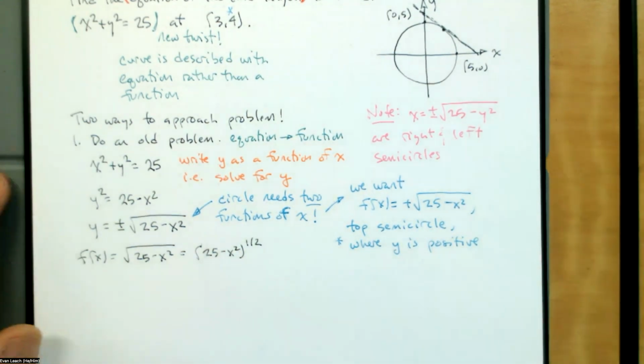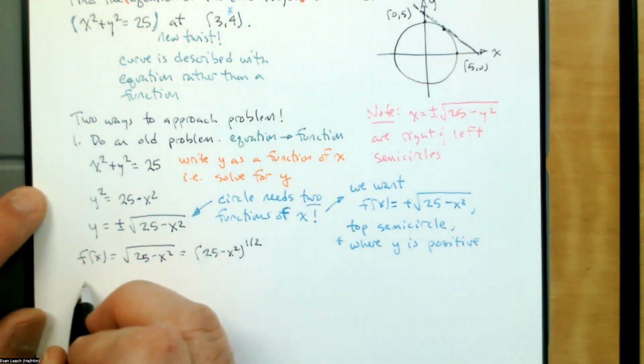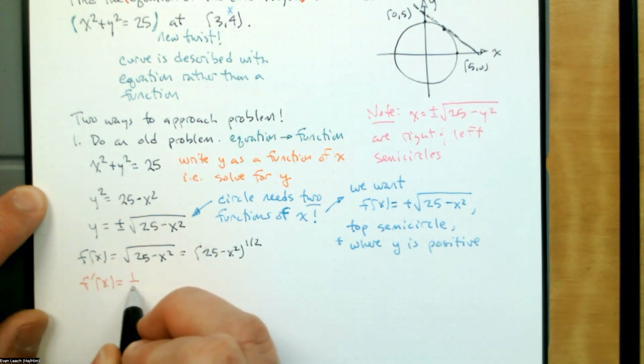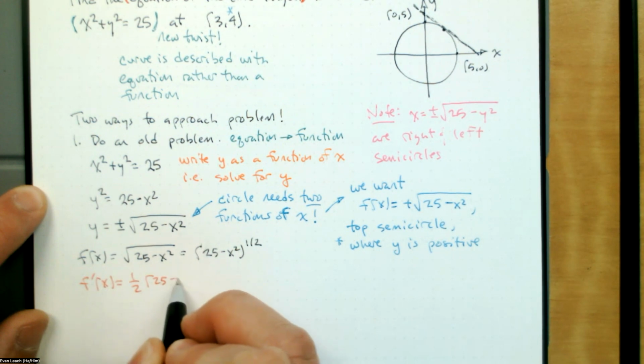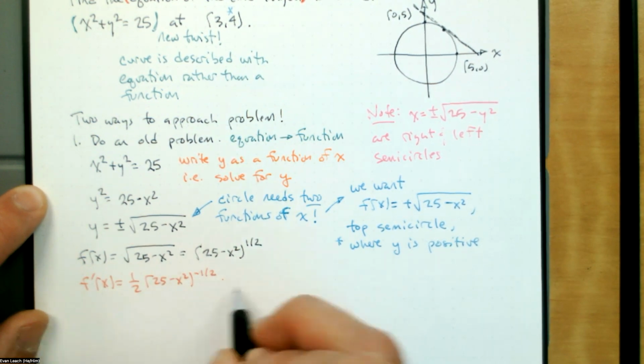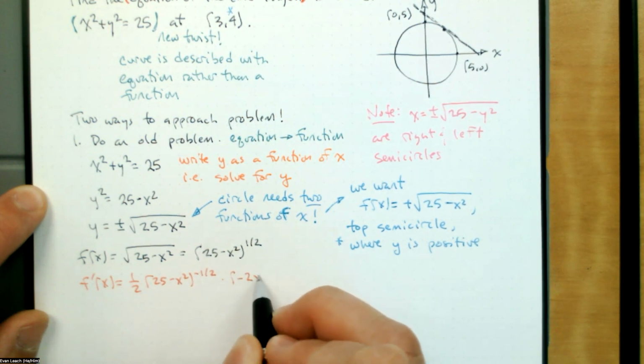We're going to read f as 25 minus x squared to the 1/2 power. So our derivative will be 1/2 times 25 minus x squared to the negative 1/2 times the derivative of the inside, which is negative 2x.